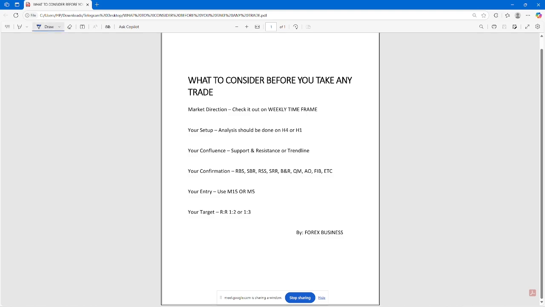And then we come to your setup. For the weekly direction, a weekly time frame, you can use it if you really want to swing, hold a trade for a very long time. Then your setup, where you do your analysis, either on 4-hour time frame or so. When you go back, you realize that most of my analysis is on 4-hour time frame and daily time frame.